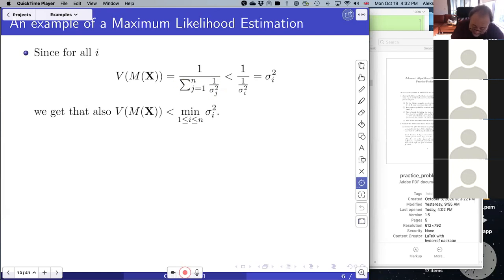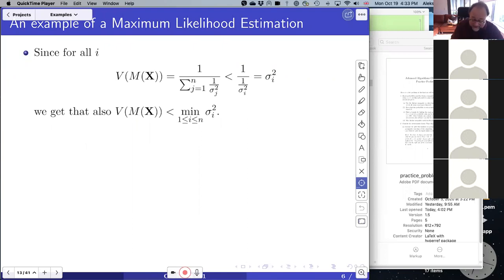So this sum is bigger than any individual reciprocal variance, and so this can go on top and you get just the variance. So this is a proof that taking all voltmeters into account results in a more accurate estimation, because the variance of the estimator is strictly smaller than the variance of all individual voltmeters.